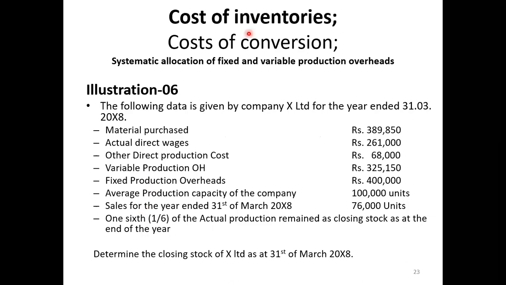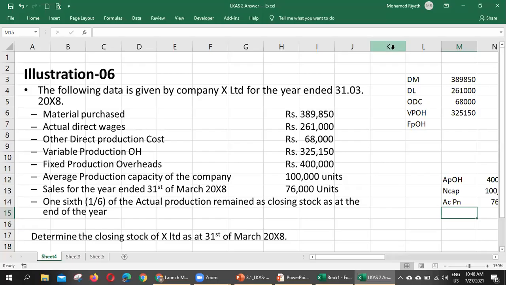Here is one example. Please look at this example, and I give you 5 minutes. Please work it out yourself, otherwise you couldn't understand. First, do it by yourself. Actual production or actual sales?